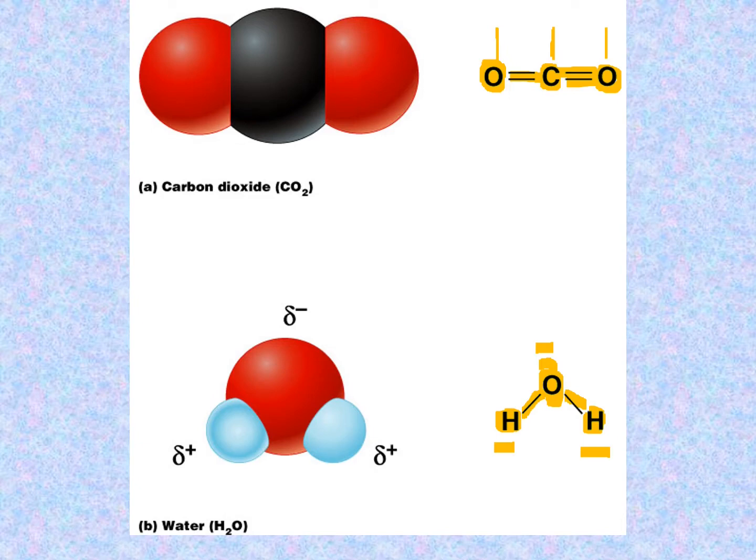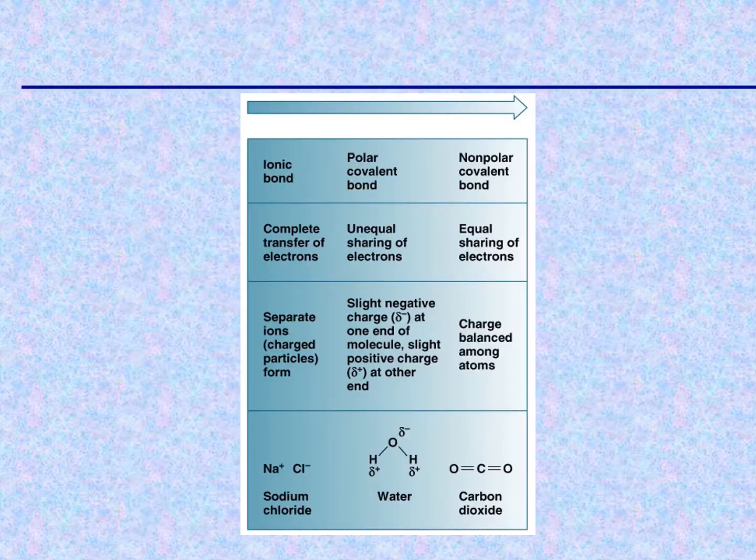It has polarity, it has a pole, it has a more negative area around the oxygen, and around the hydrogens it's more positive. Now you're going to see in a minute what comes out of that.